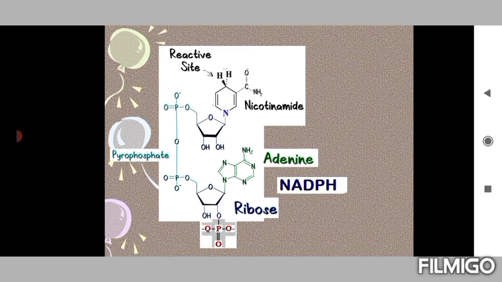And NAD plus also accepts a hydrogen ion and 2 electrons to become NADH, just like NADP plus accepts 2 electrons to become NADPH. But NADH has an entirely different role in metabolism, and NADH is actually used for synthesis of ATP through oxidative phosphorylation.